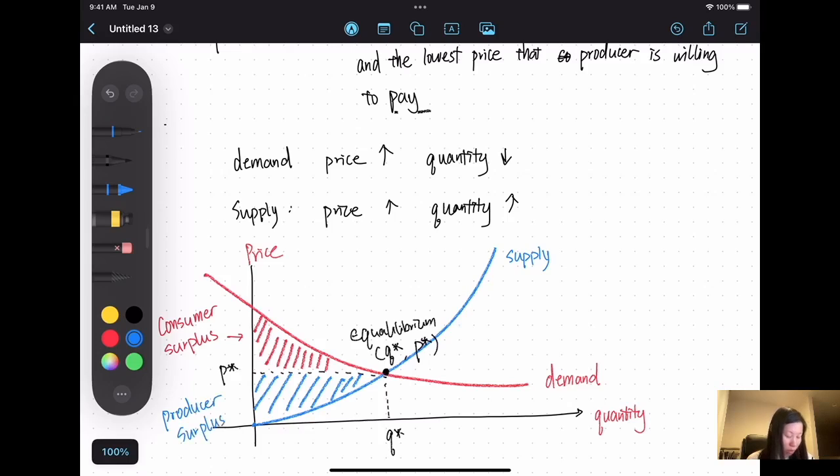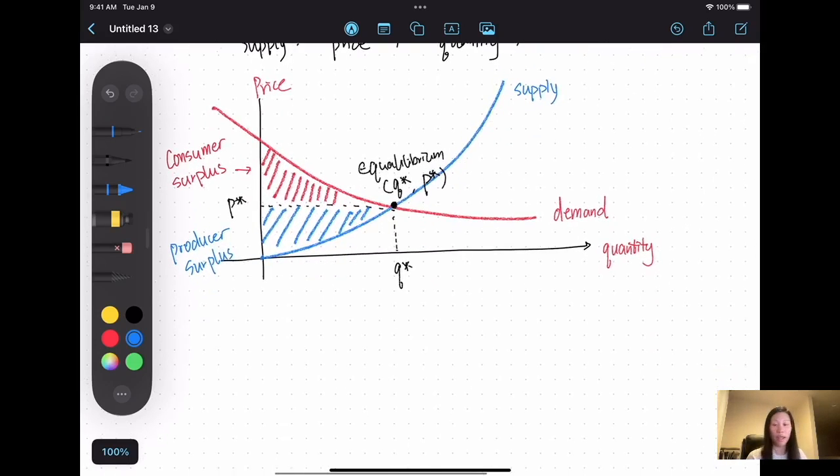Okay, so how do we find that area? How do we find the consumer surplus and producer surplus? So now let's look at the consumer surplus. I know that it's going to be an area, right?